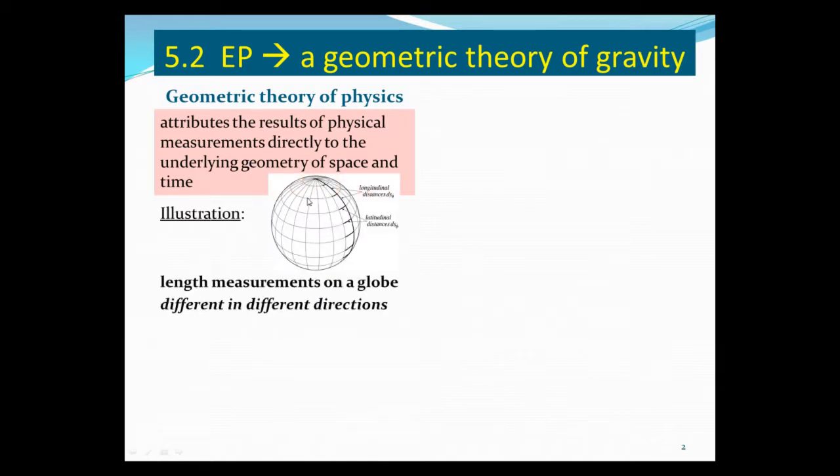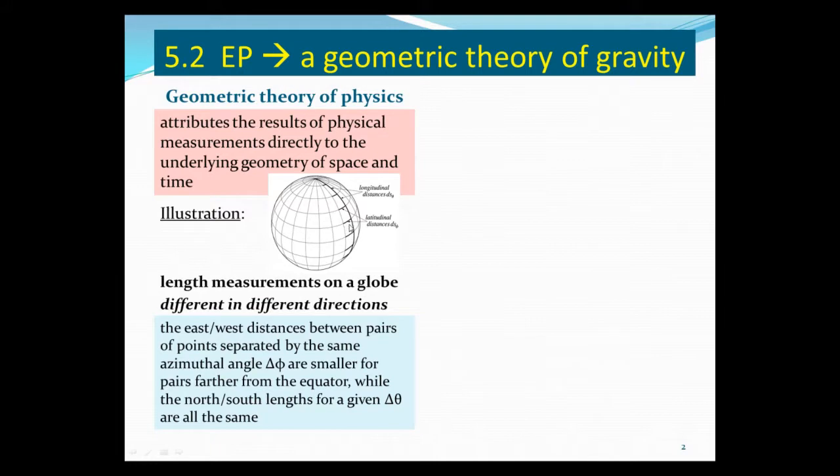For example, talk about length measurement on a globe, where you have longitudinal distance and latitudinal distance. The east-west distance between two points separated by the same azimuth angle, the latitudinal distance, gets smaller and smaller as we approach the pole, while the longitudinal distance, held by a fixed polar angle interval, remains the same from pole to equator.